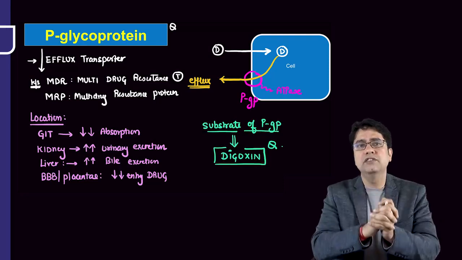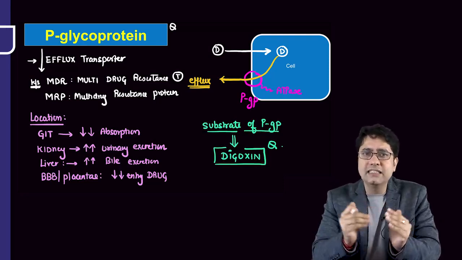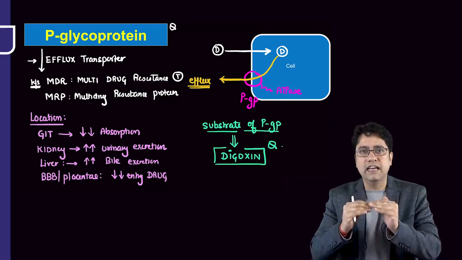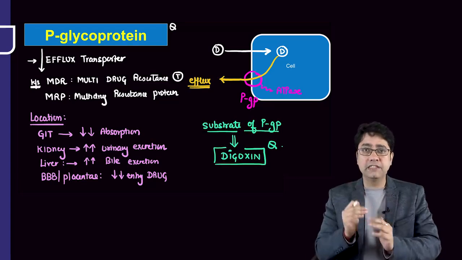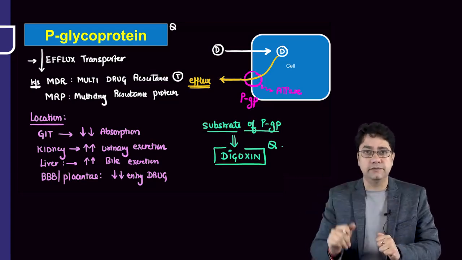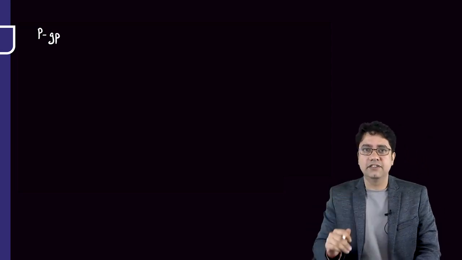Now, the importance of this point is there are certain other drugs which can increase the activity of P-glycoprotein. We call them P-glycoprotein inducers. And we have certain drugs which can reduce the activity of P-glycoprotein. We call these drugs P-glycoprotein inhibitors.